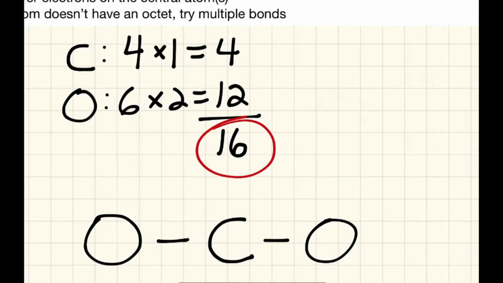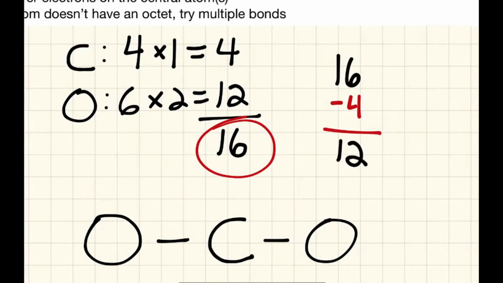Now I'm not finished with my Lewis structure quite yet, but to keep an accurate tally of my electrons, I had a grand total of 16 electrons, and so far I've placed 2 here and 2 here. That's a total of 4. So there are still 12 left to account for.